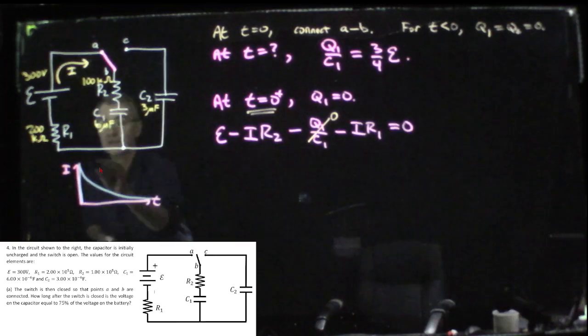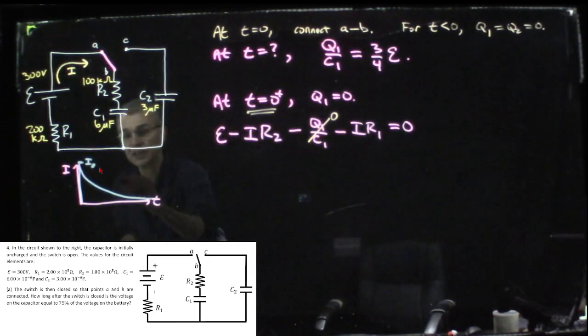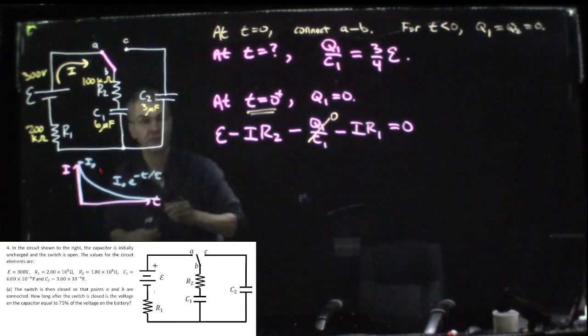So I like to figure out like what is this value I0, and then I want to know what's the time constant, because this is like I0 e to the minus t over time constant.